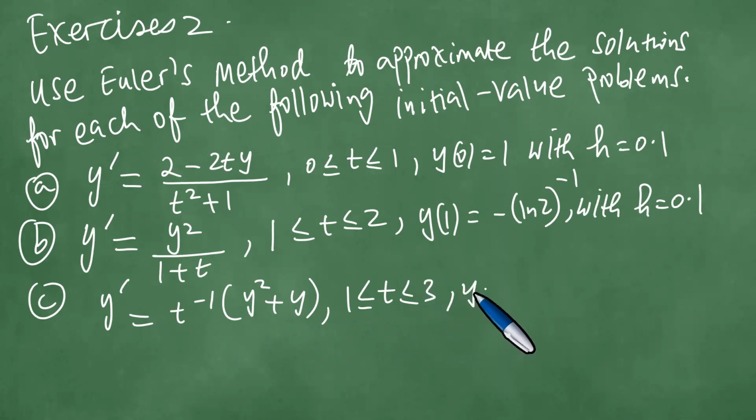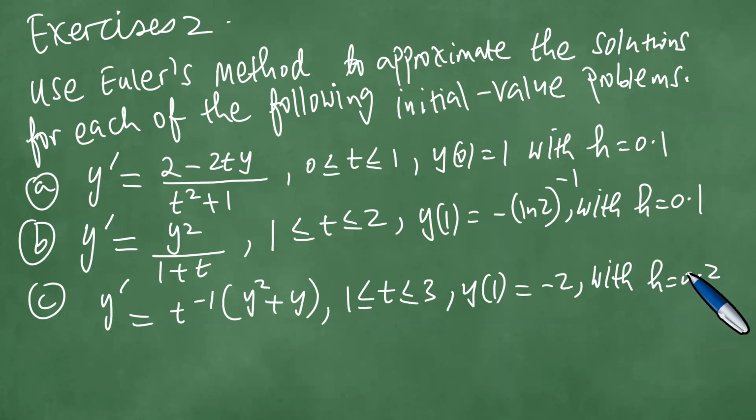Right, so you have y at 1 equals minus 2 with h 0.2.